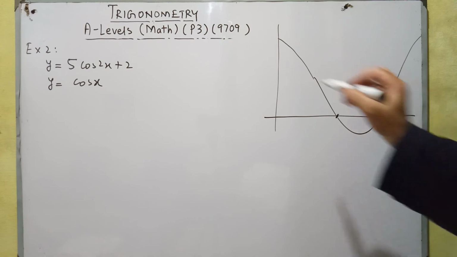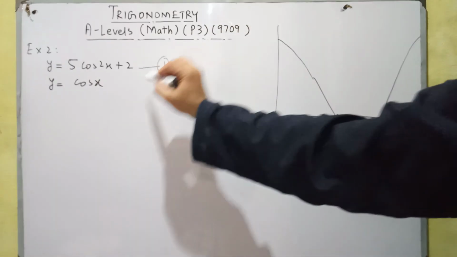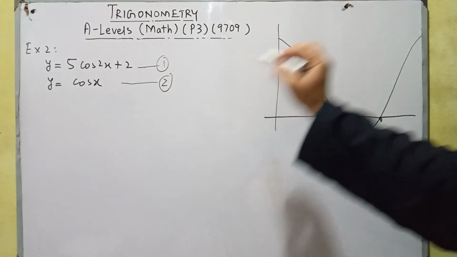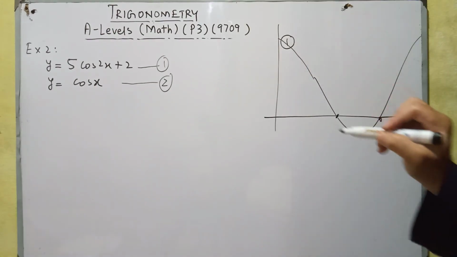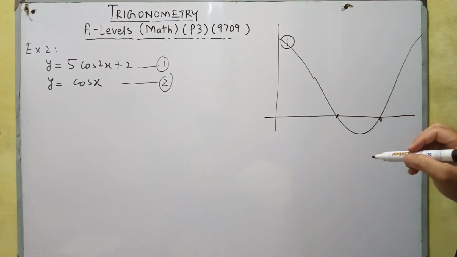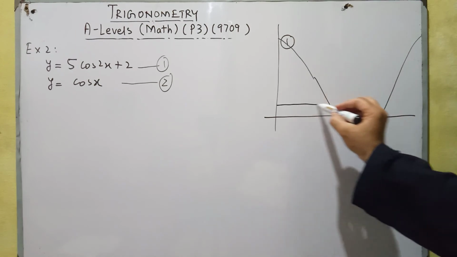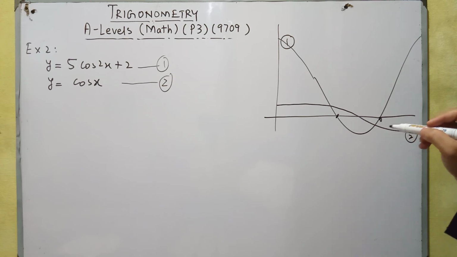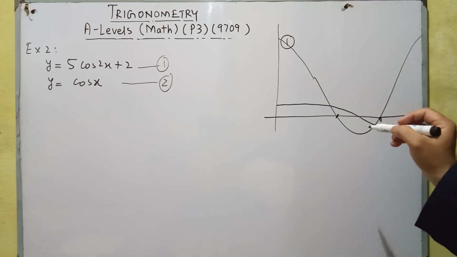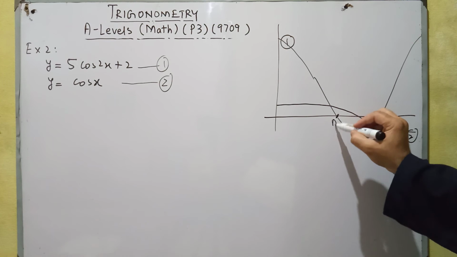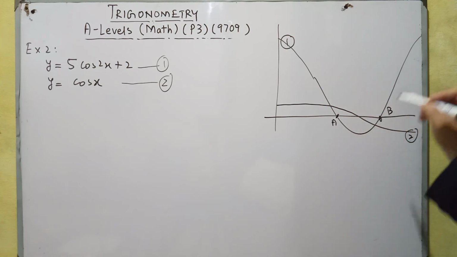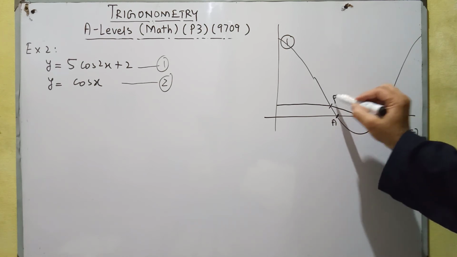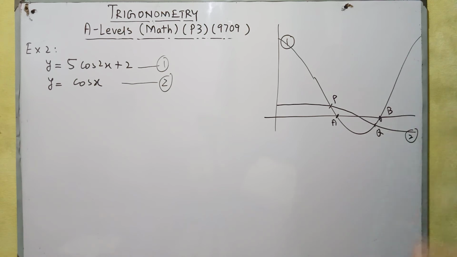Let's suppose this is function 1 and this is the graph of function 1, and we can have the graph of function 2 like this. This is the graph of function 2, and we have points. This is point A, this is point B, this is point P, and this is point Q. So basically we have 4 points.